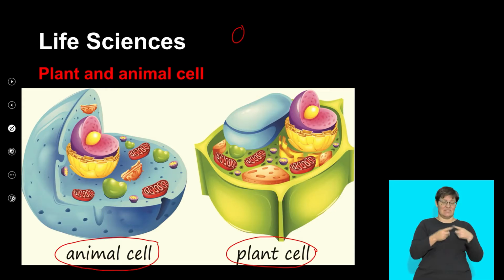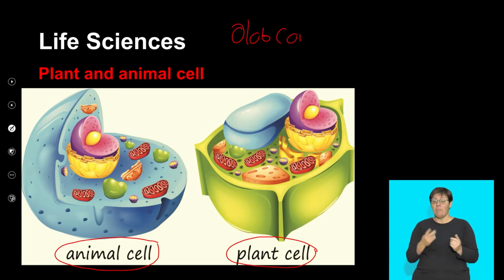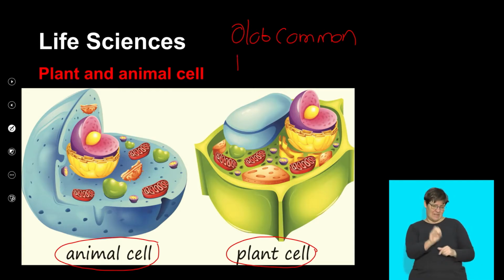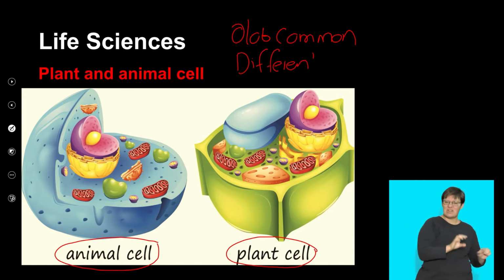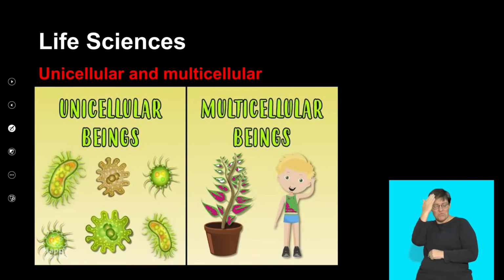They have a lot in common. There are things that they have that are the same, but a plant and an animal do things differently, so they must also have things that are different. So when we look at the end here, we need to be able to see, is it a plant, is it an animal, and why do we need to know that?